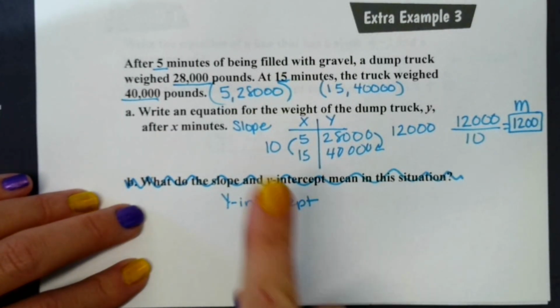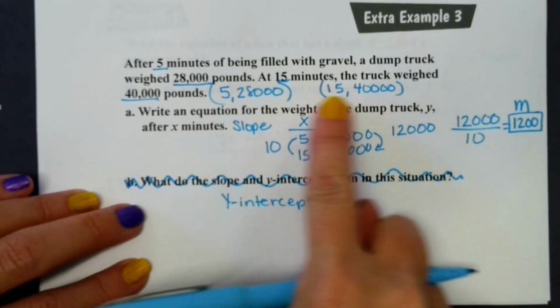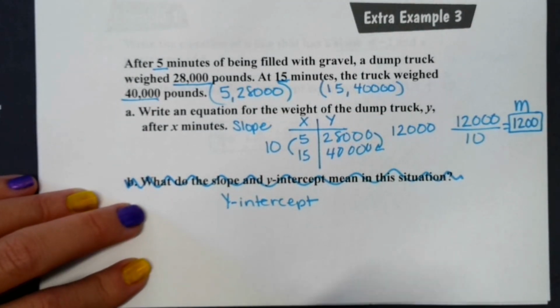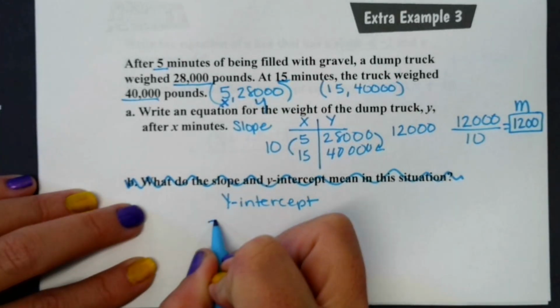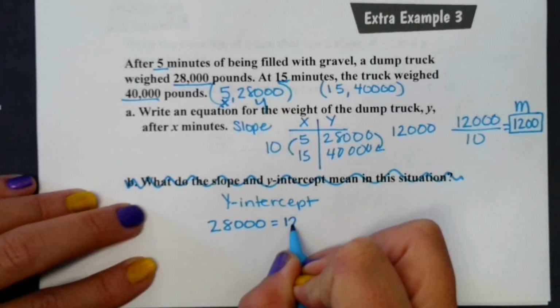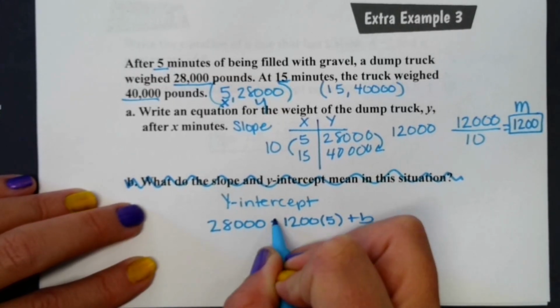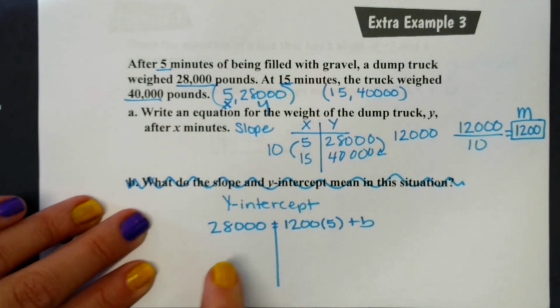Let's find our y-intercept. Does it matter if I pick this one or if I pick this one? No. Doesn't matter. What one do you want to do? 5. Okay. So this is your X, this is your Y. So that 28,000 gets listed first. Equals 1,200 times 5 plus B. Okay.